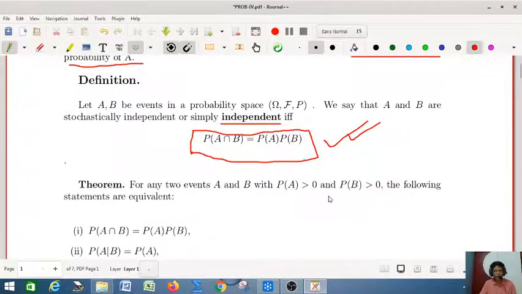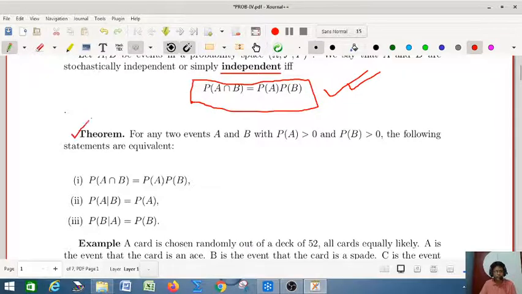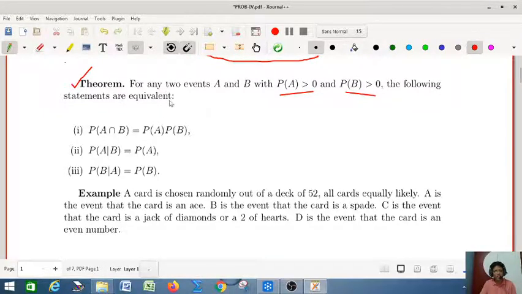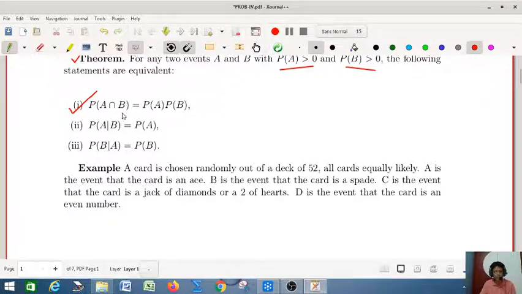And next there is a theorem without any proof, just a simple theorem. For any two events A and B with probability of A greater than 0 and probability of B greater than 0, the following statements are equivalent. First, probability of A intersection B is equal to probability of A times probability of B, that is actually related to independency.